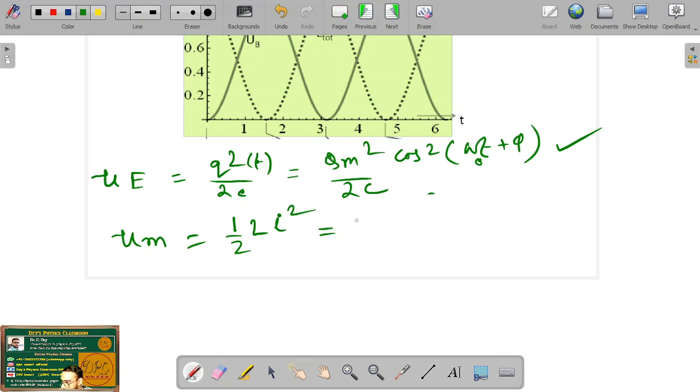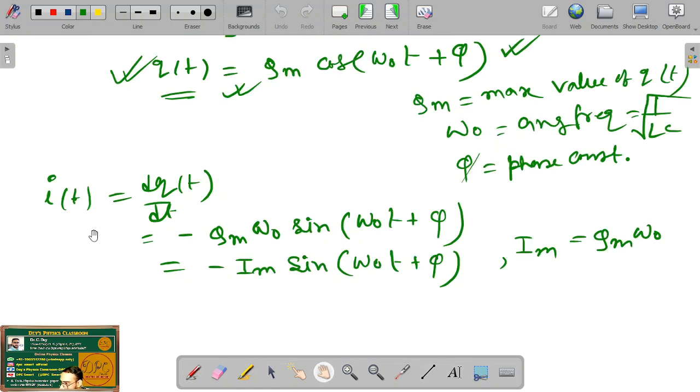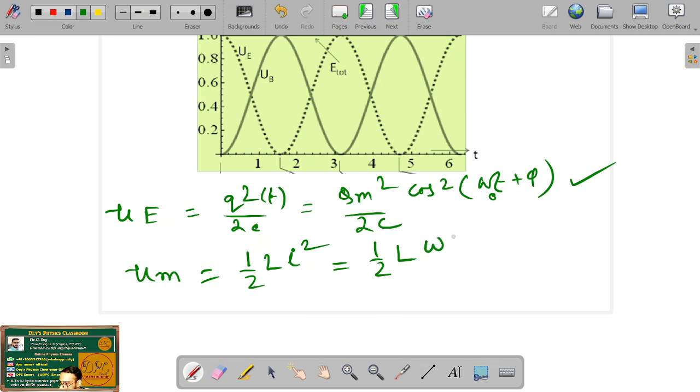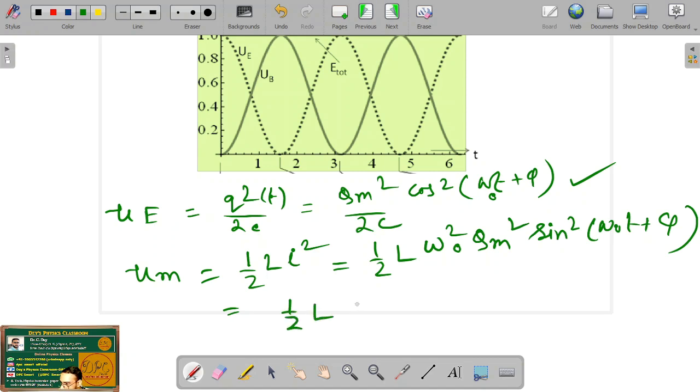So if we put it here, we get half of L into i², where i is Qm ω0 sin(ω0 t plus φ), so we get ω0² Qm² sin²(ω0 t plus φ). So UM equals half L ω0, where ω0² is 1/LC, into Qm² sin²(ω0 t plus φ).